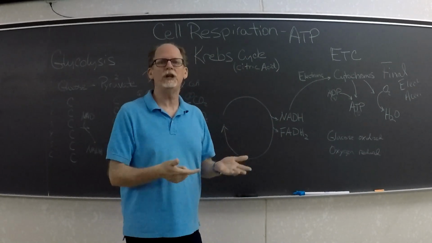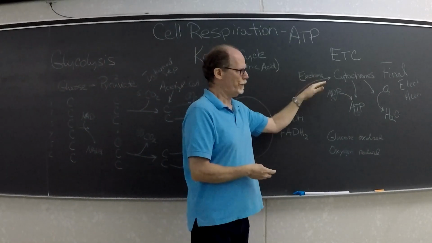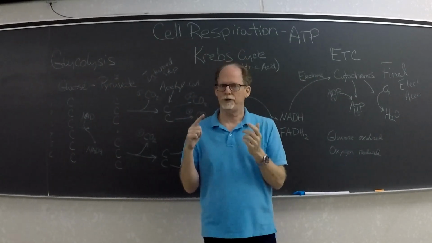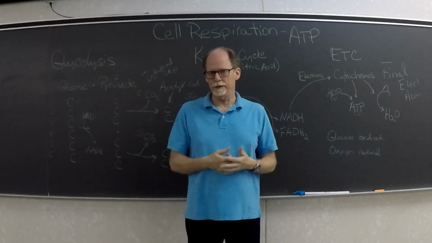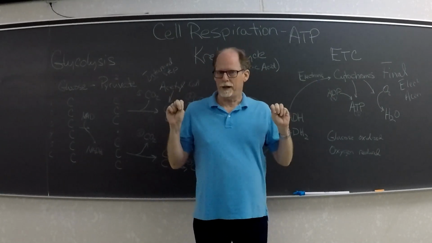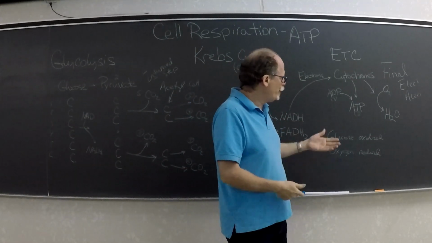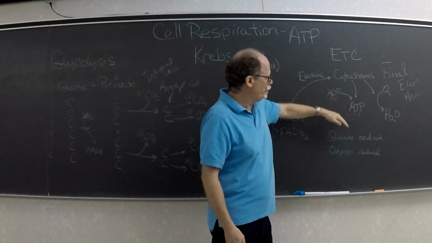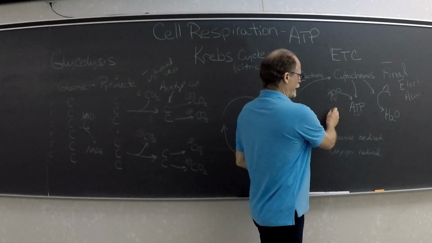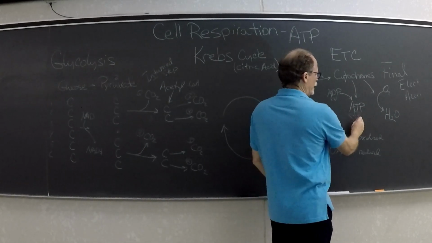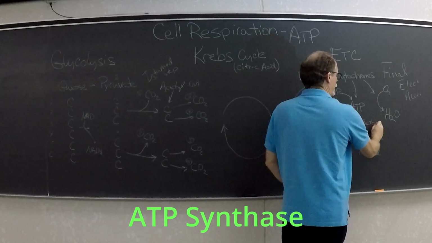So you have to feed the electrons to the cytochromes. Because the electrons are moving through the cytochromes, it charges the membrane in the mitochondria, the inner mitochondrial membrane. That charge energy is used by, I think, ATP synthase is the enzyme, or synthetase.